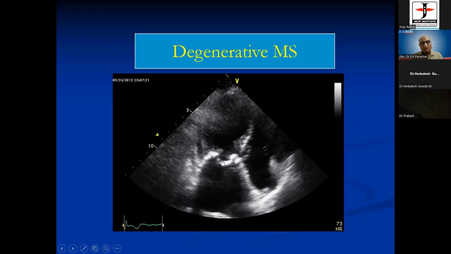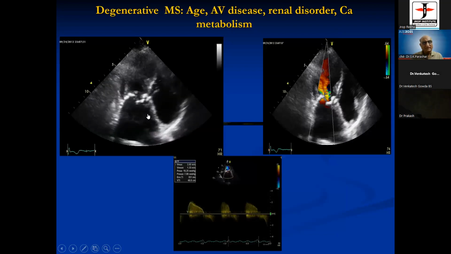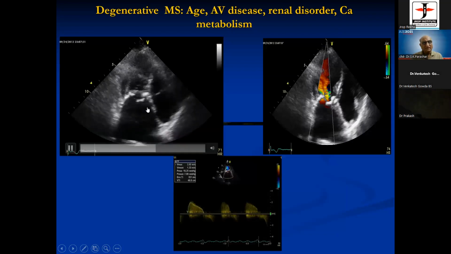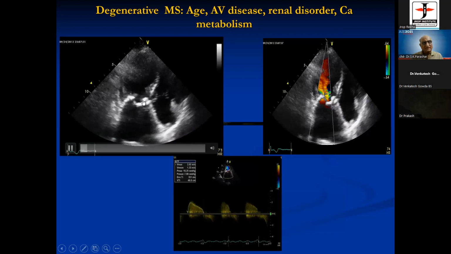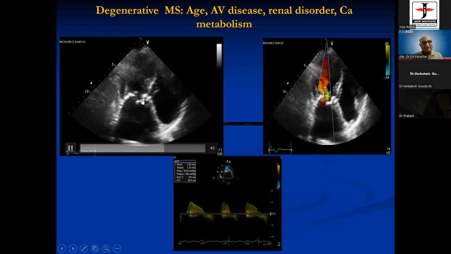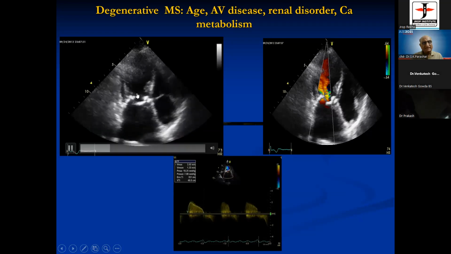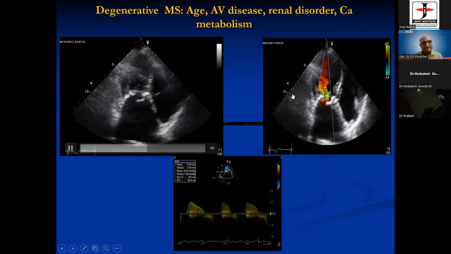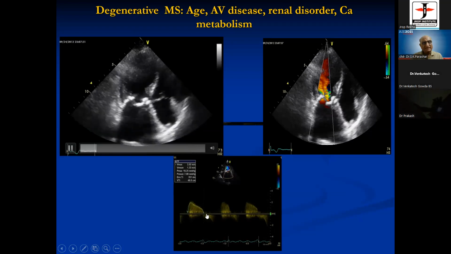So as we show you just now, this degenerative, as you see here, this is the annulus, the mitral leaflet. This calcific process continues into the mitral leaflet, and you see the increased gradients.